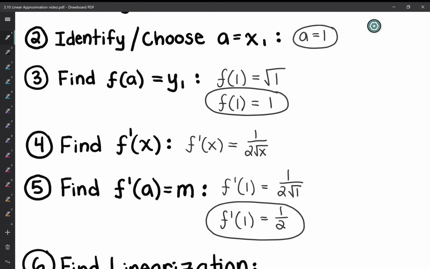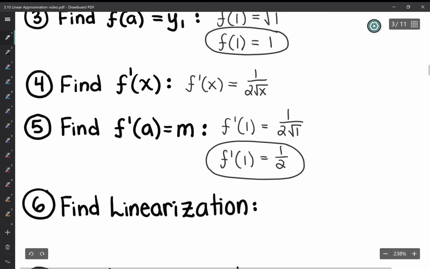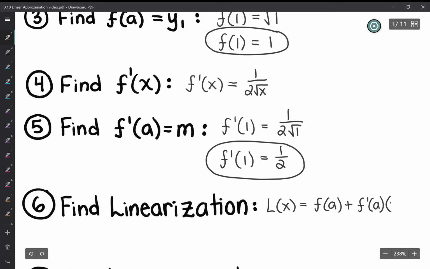We have all the pieces that we need to write the equation for the tangent line, that linearization. So L of x is equal to f of a plus f prime of a times the quantity x minus a.